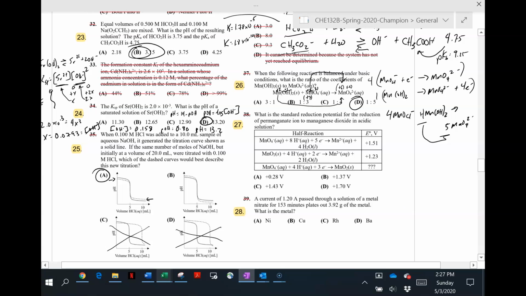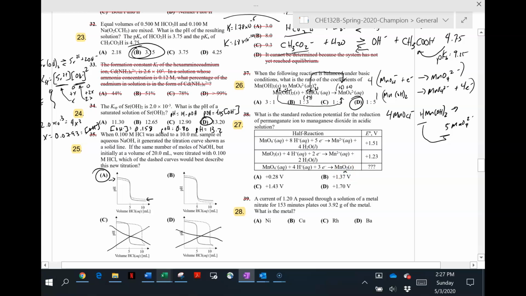All right, 27, we're asked to get the standard reduction potential for the reduction of permanganate ion to manganese dioxide in acidic solution. So permanganate ion is MnO4-, and we're going to manganese dioxide, which is this one right here.